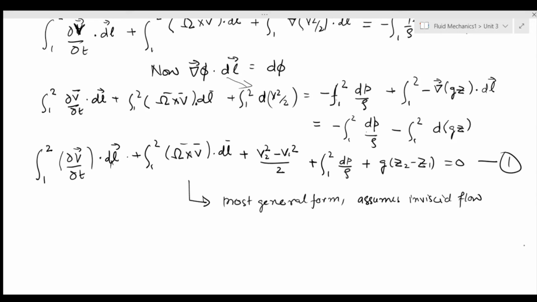Now I know this equation 1 looks nothing like the Bernoulli equation which you know about, but I can move towards the Bernoulli equation very easily from here. The whole beauty of doing it this way is that I have not introduced any other derivation to you.